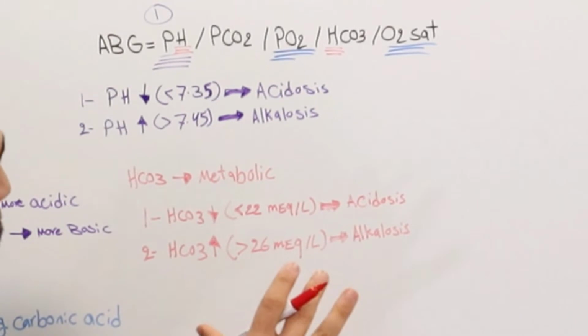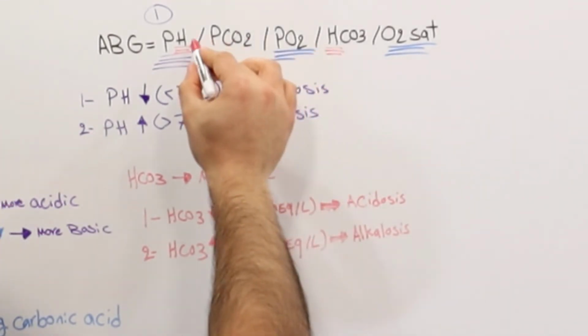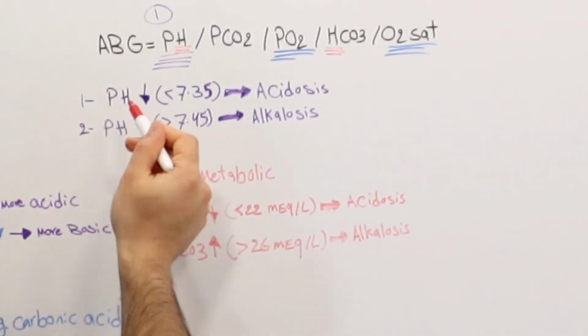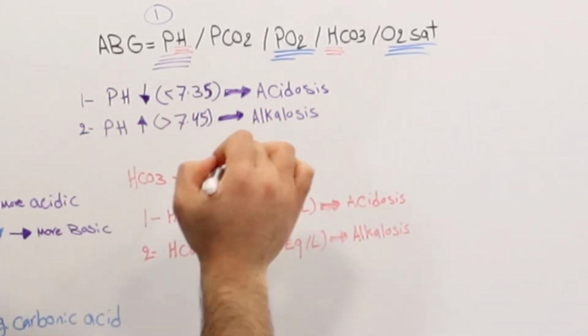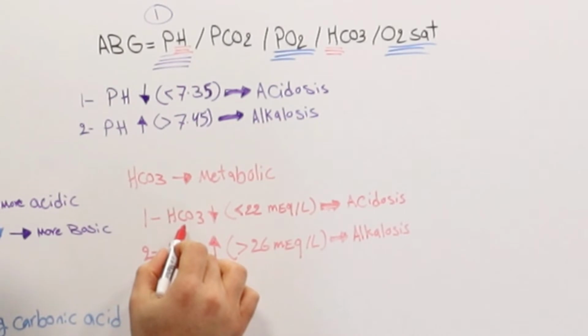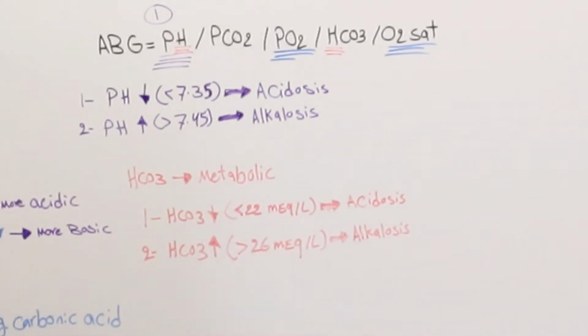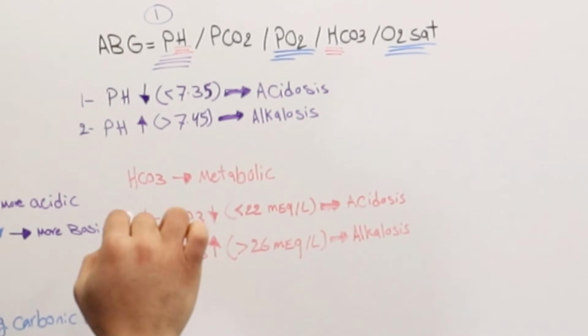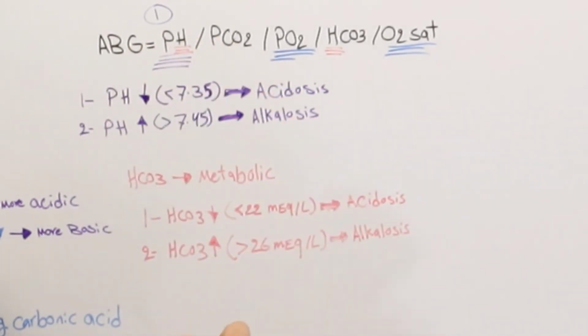And this is the reason why I focused on the H, because it's the same pattern as the pH. As the pH decreases, it's going acidosis. As the bicarbonate decreases, it's going acidosis as well, and vice versa. And the way it comes about is that the CO2 is actually working the opposite way.